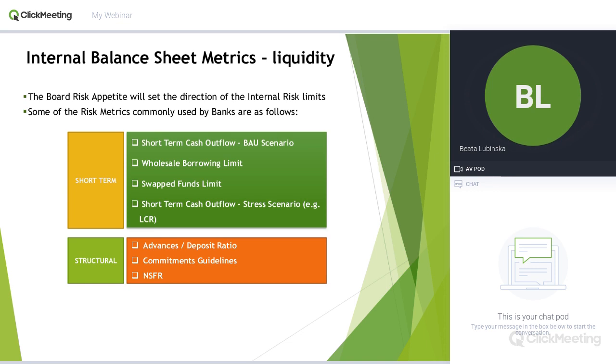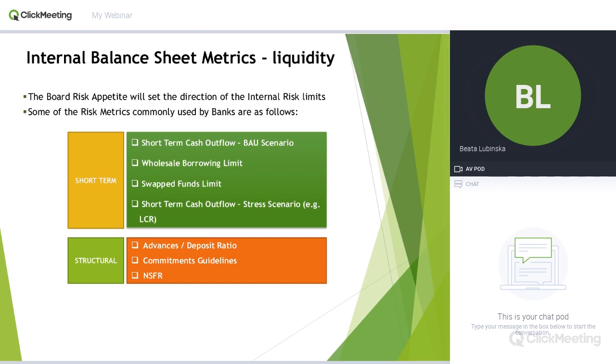So you run the negative cost of holding those assets, and basically this is the big debate in FTP: who should hold these losses which are coming from the liquidity buffer? Is it ALM, or should it be distributed across the business units, or should it be just sitting within ALM, and ALM should be, let's say, responsible for those losses? Those are all questions which are analyzed under the FTP framework.